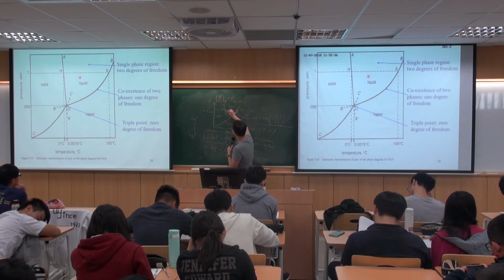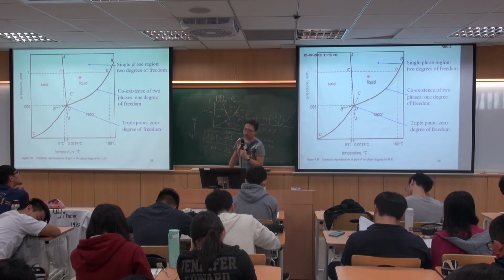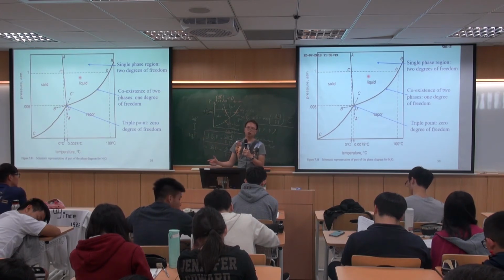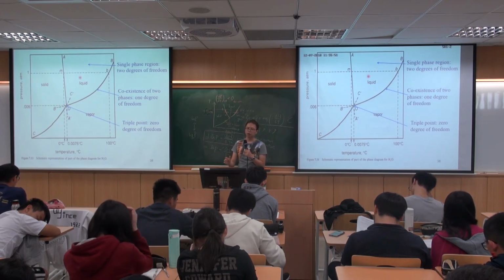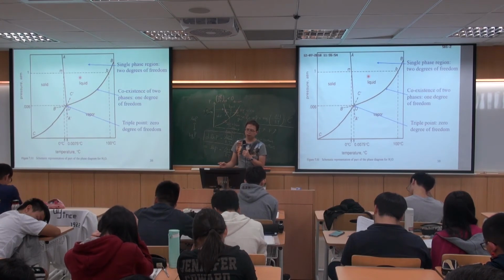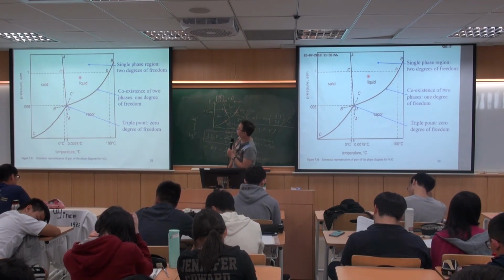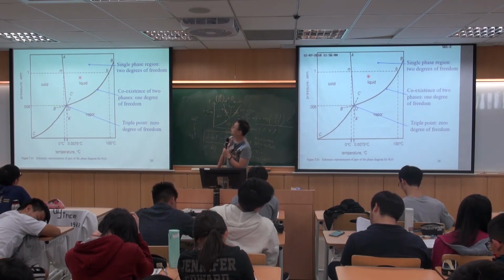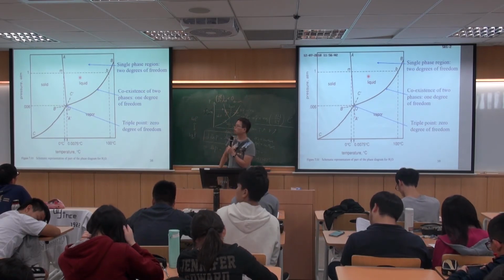If you want to stay on this line, it's common sense that you lose 1 degree of freedom, right? Because now pressure is a function of temperature, or temperature is a function of pressure. So you lose 1 degree of freedom. So on the coexistence line, coexistence of 2 phases on this borderline, you only have 1 degree of freedom, right?